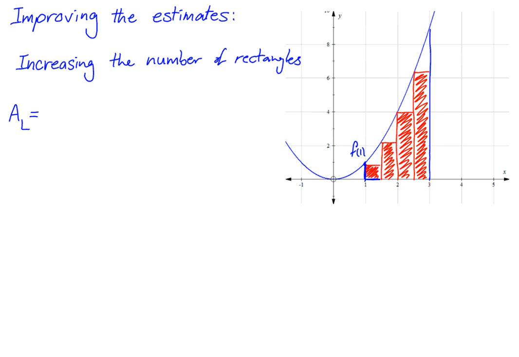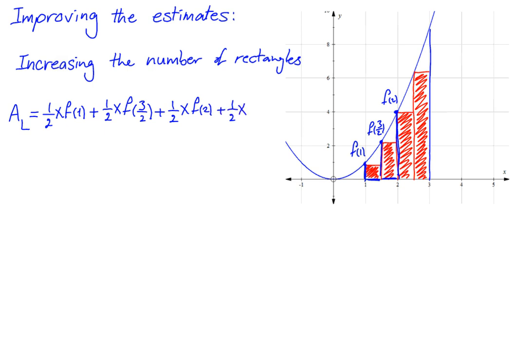The base now is half a unit, so it's half times f of 1 plus half times, so that second rectangle is still half a unit, the height of the rectangle now is the value of the function at this value of x, which is 1.5, so that's f of 3 over 2 plus half times this one here is f of 2 plus half times that last rectangle here has a height of f of 2.5 or 5 over 2. And then we calculate this.